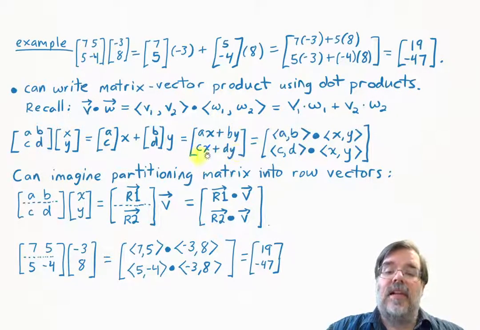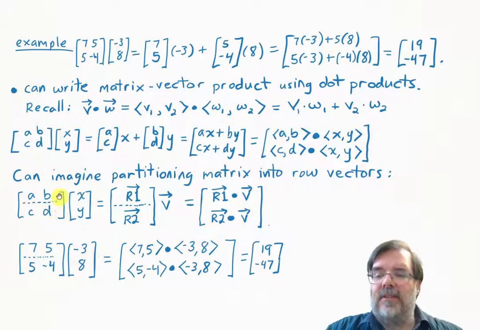The second part of the solution, this vector, cx plus dy, you could write as the vector cd dot with a vector xy. And so you could write this entire formula using dot products. A really useful way to think about this is imagine partitioning this matrix. Imagine drawing a dotted line that separates the rows. And then think of each row as a vector.